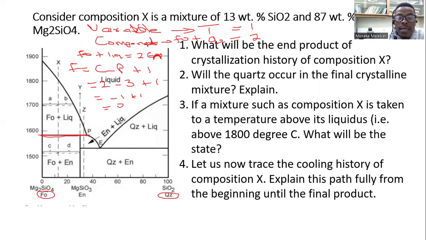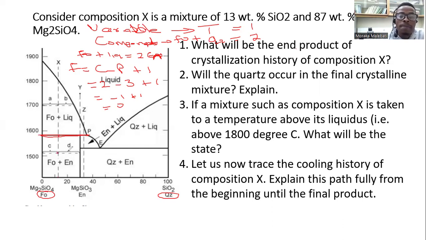Then what must happen is all of this liquid must be consumed to produce more of the enstatite, until all of this liquid is consumed, then we're only going to remain with the phosphorite and enstatite. All right, then the system will now move, and then it goes somewhere here.